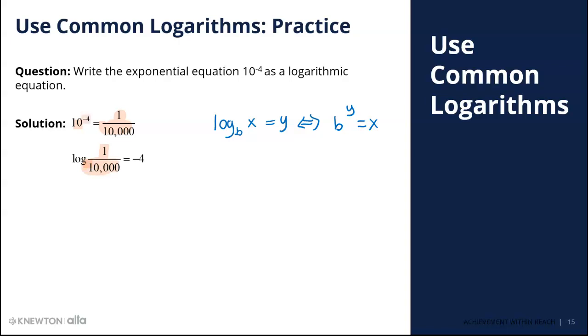That is where you would raise 10 to get 1 over 10,000, that is equal to negative 4. So therefore, the expression 10 to the negative 4 equal to 1 over 10,000 may be written in logarithmic form as log of 1 over 10,000 equal to negative 4.